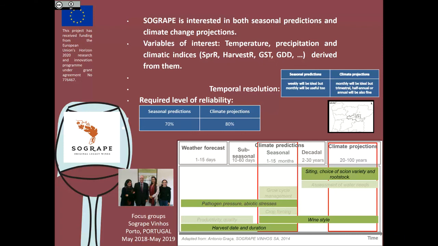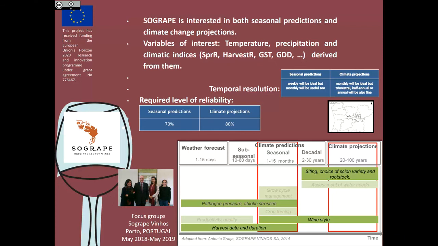For the climate projections, the main decisions that could be influenced by climate information are the siting, the choice of a new variety and rootstock, and even the future wine style that they can obtain in their vineyard.